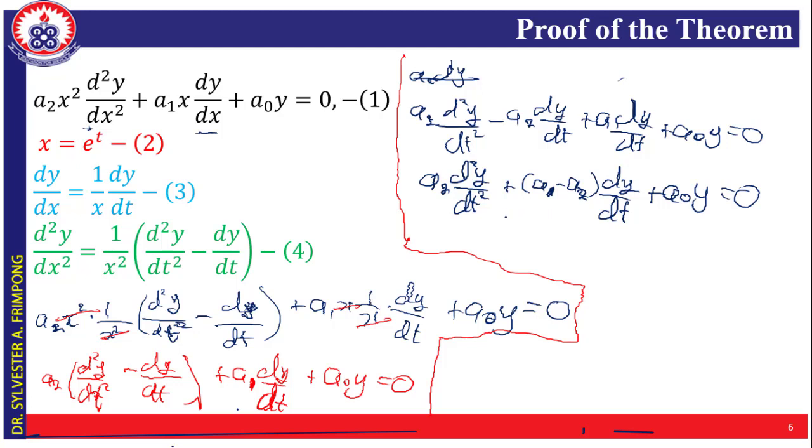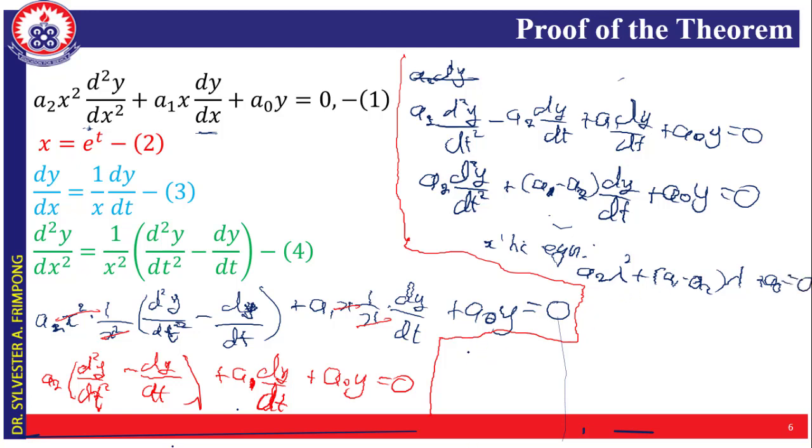And this equation is an equation with constant coefficients because a2 is constant, a1 minus a2 is constant, and a naught is constant. And therefore, we can write the characteristic equation as a2 lambda squared plus (a1 minus a2) lambda plus a naught equal to 0.